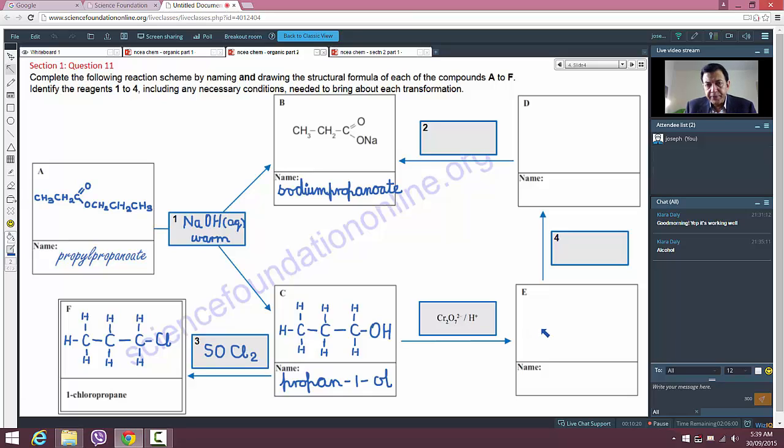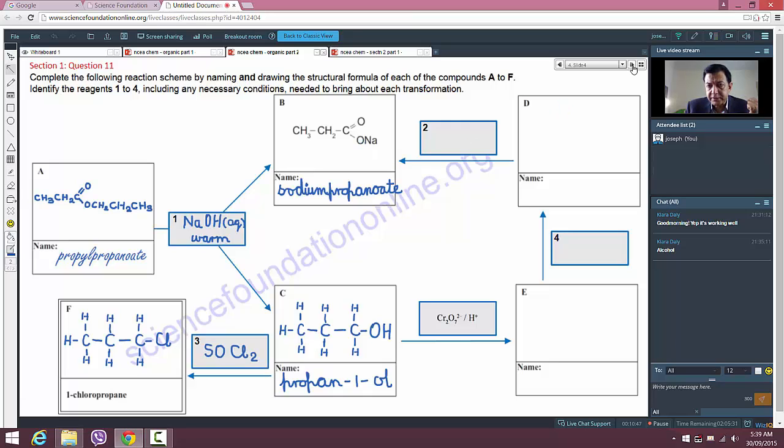And then it can go in two steps through an in-between step to give you sodium propanoate. So that means the first product must have been propanal, which then with a further oxidation in reaction 4 converts the propanal into propanoic acid. And then you can just react the propanoic acid with sodium hydroxide to get sodium propanoate. Okay, so that's the plan.